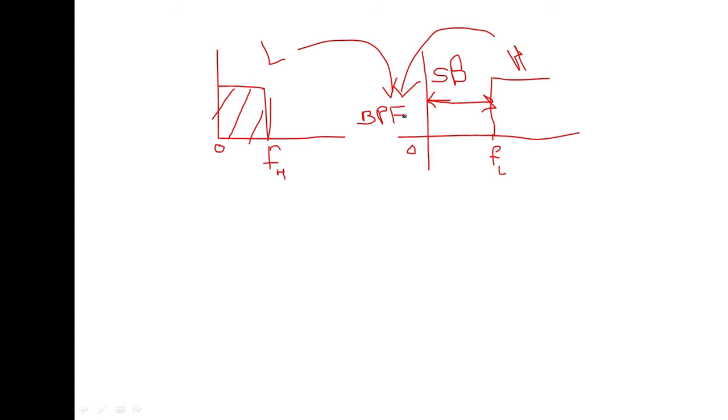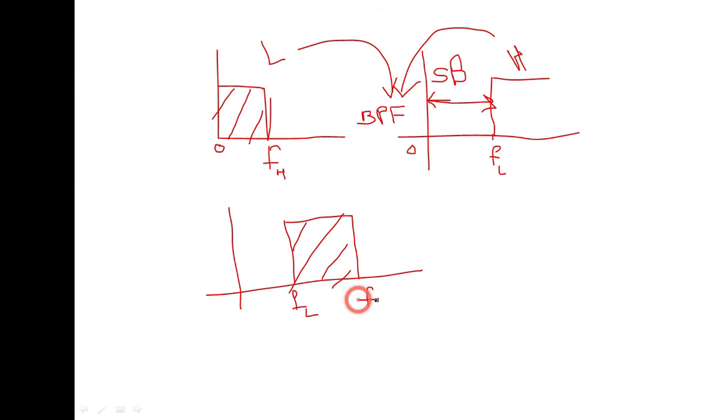We combine both, means band pass filter as well as the band stop filter. In the band pass filter, a particular band of the frequency is able to transmit, just like this. Here the signal is able to transmit over the whole FL to FH. Here is the lower cutoff frequency and here is the higher cutoff frequency.